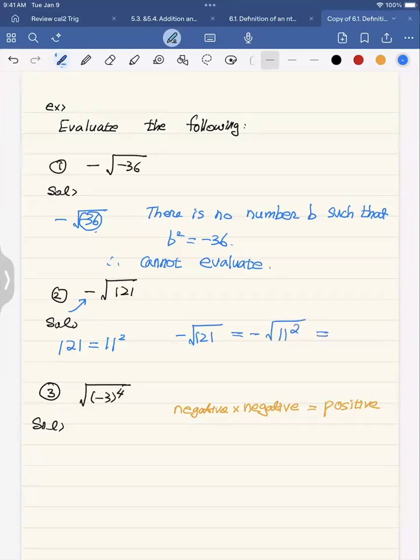So that's negative 11. Always keep in mind if there's something squared, then this squared and square root sign will cancel each other. So it becomes minus 11. Where does the minus sign come from? That was written here.